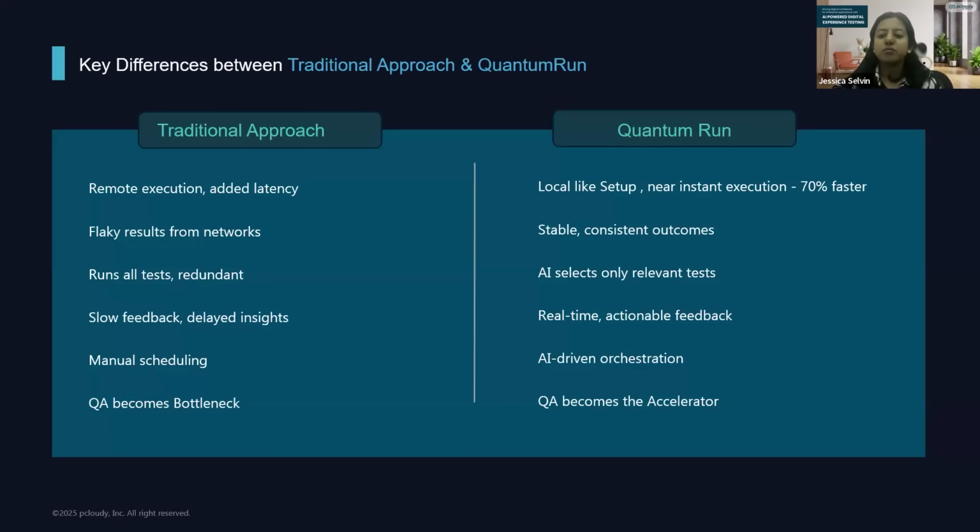With traditional execution, you are paying a latency and queue tax. QuantumRun removes that. It schedules intelligently and surfaces the signals much faster. So QA stops blocking and starts accelerating. That is where you would be seeing the differences with QRun coming into the picture.